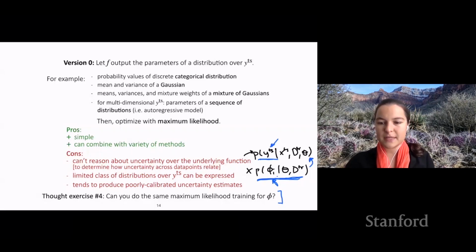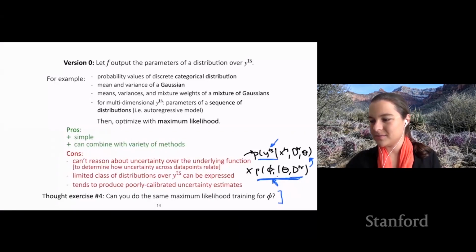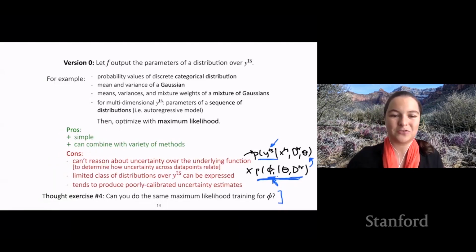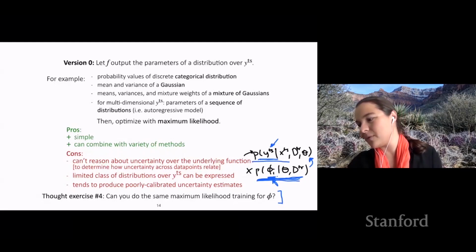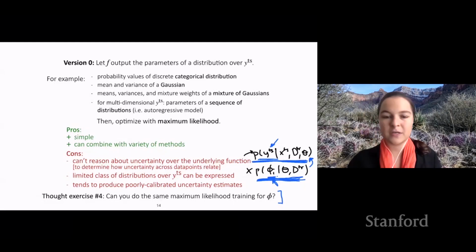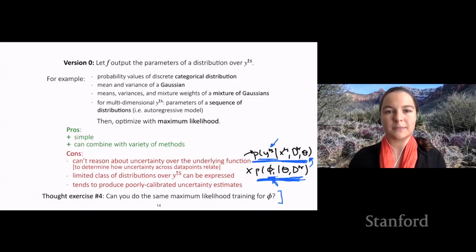Yeah, so the answer is that we don't actually know the actual phi. We don't have labels for phi i, and therefore we can't do supervised training on this distribution because we don't have the labels. If we did have the labels, then we could do this, but we don't. And that's why we can only do maximum likelihood training for this and not for this without introducing extra assumptions or approximations.